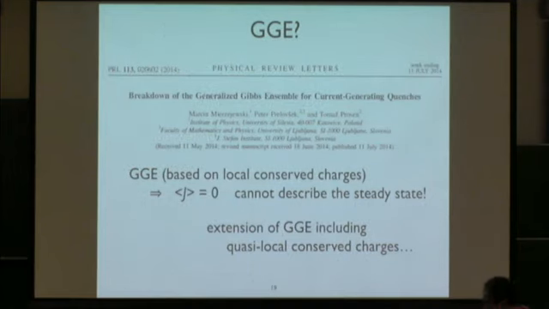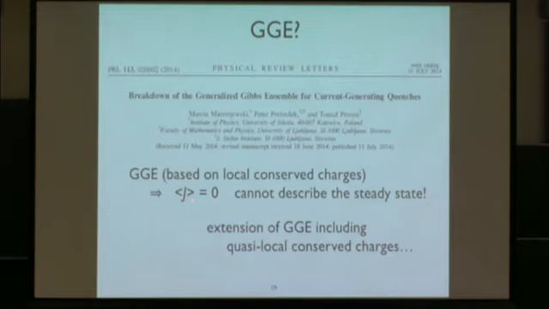Right. Sorry, maybe I should send this slide later, but before making the comparison, you might ask about GGE. There is a recent paper by these people, including Prof, pointing out that if you apply the usual or standard GGE based on local conserved charges, then the expectation value of the current is 0.